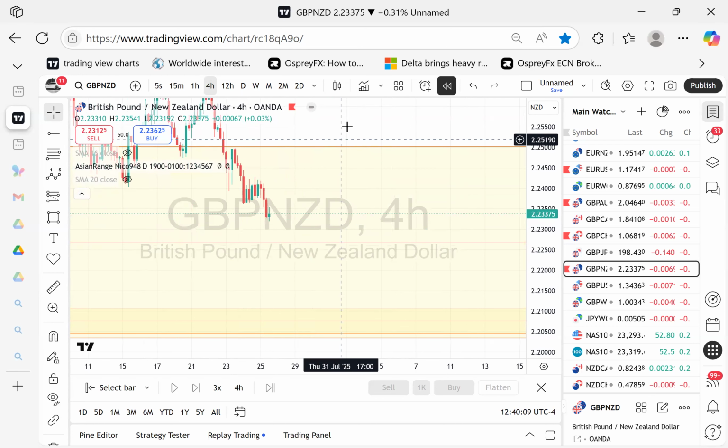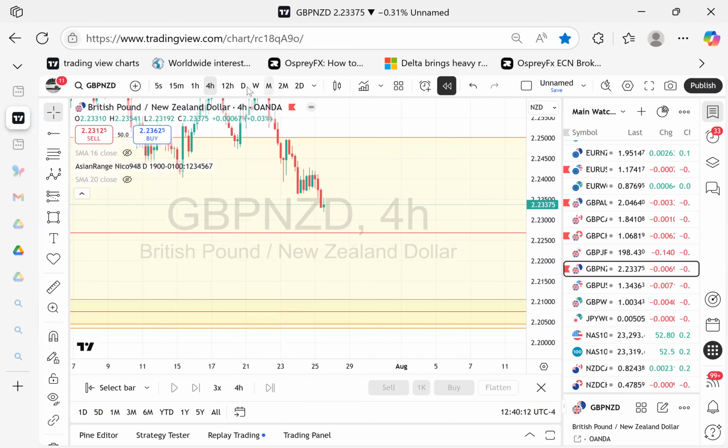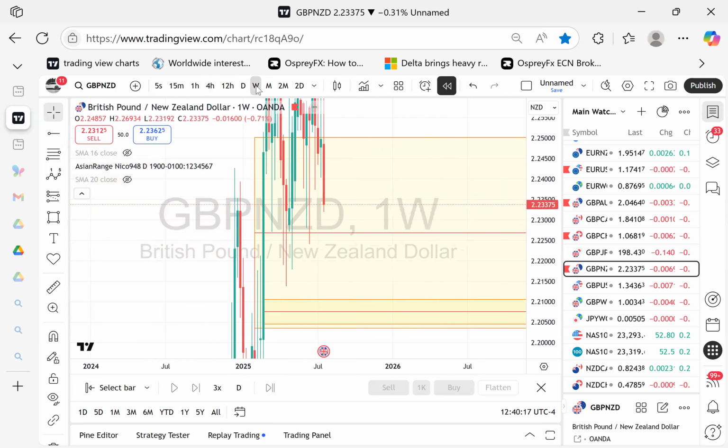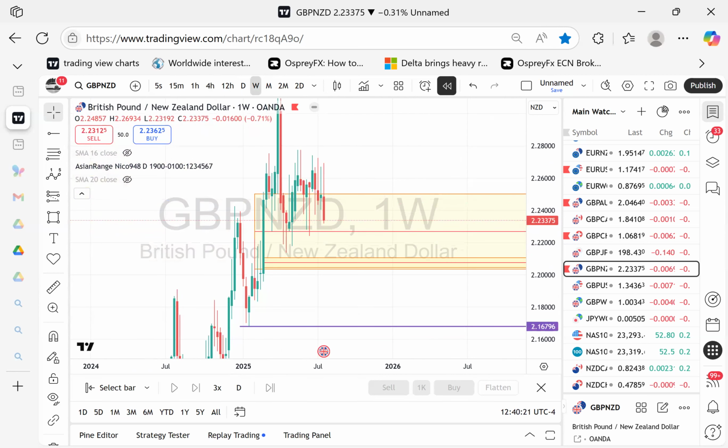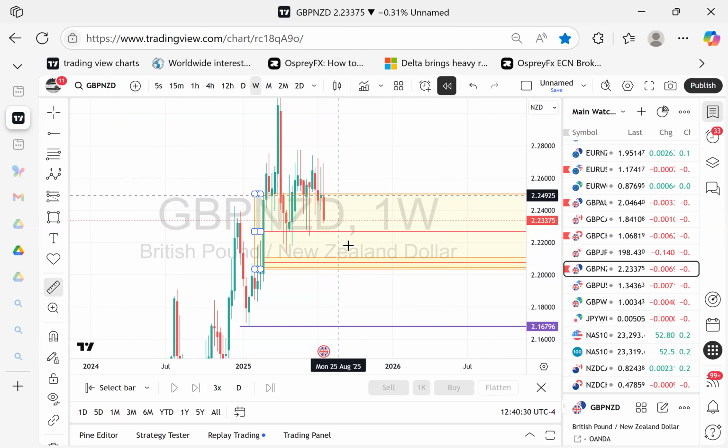Now, you have a target. Can you get an entry into this trade? The answer is yes, you can. If this price pulls back, you can get an entry to sell price down these 300 pips.